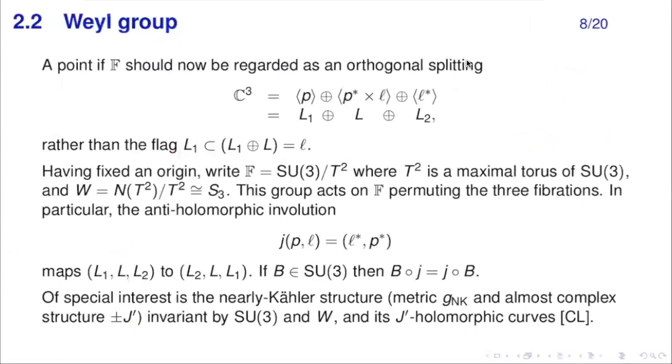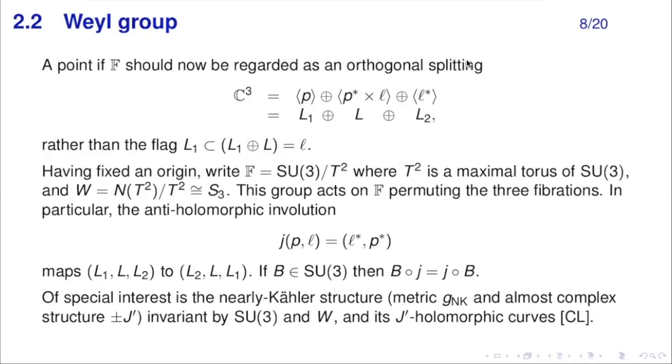The other thing, if you tuned in to hear about G2 and nearly Kähler manifolds, of course, the flag manifold is one of these basic examples of homogeneous nearly Kähler manifolds, and they can be used to construct G2 metrics by taking the cone, and there are also more sophisticated constructions now of G2 metrics with holonomy G2 that involve the flag manifold.